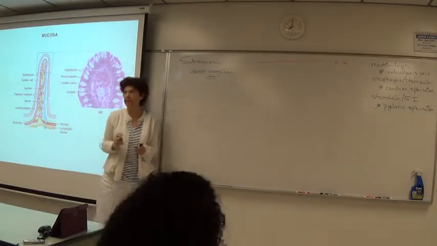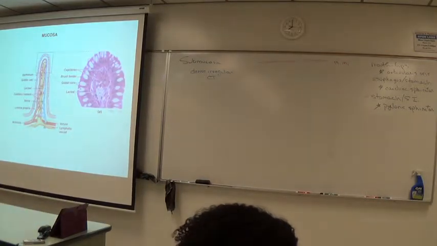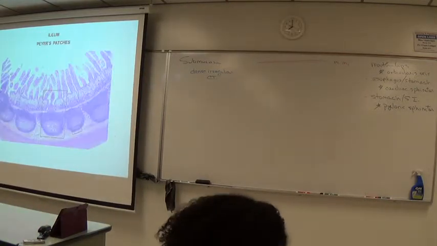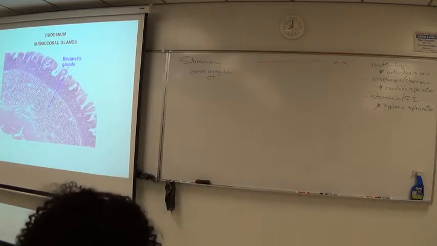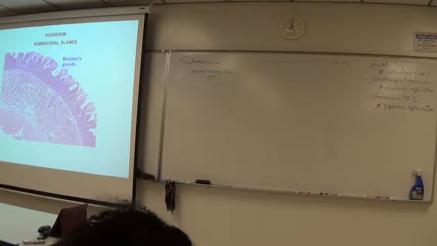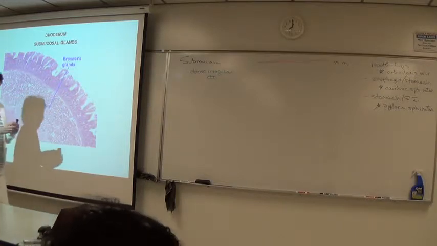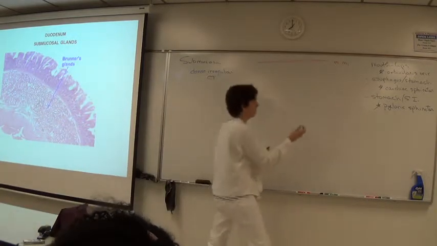But we have specializations. So this previous couple of slides here show a specialization in the first 3 or 4 inches of the duodenum. And that C-shaped curvature I showed you, where we had the entrance.